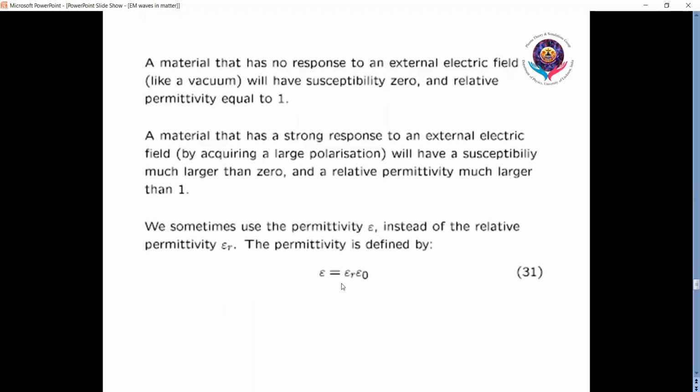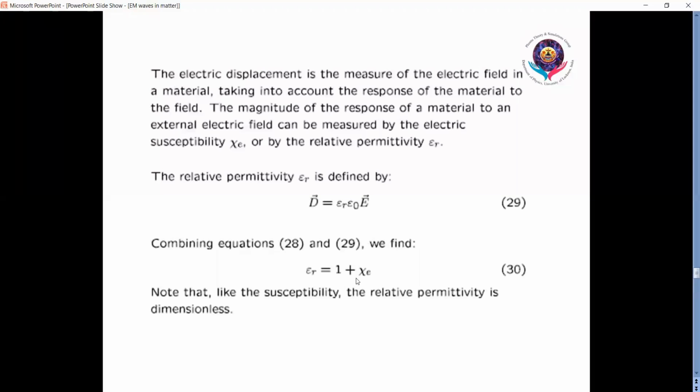If the material does not respond to an electric field, we apply the electric field, there is no change, we say that the susceptibility is 0 and the relative permittivity is 1. The susceptibility is 0, but this is the one term. So the relative permittivity will be 1 when the susceptibility is 0.